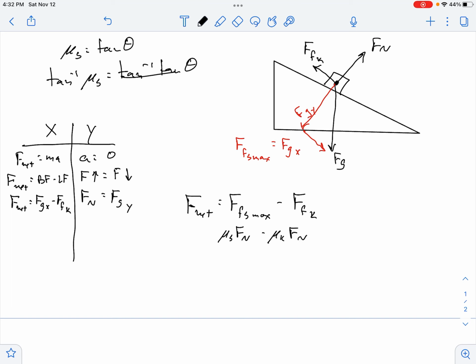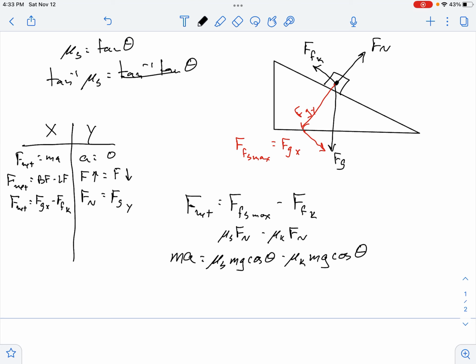Both of my normal forces are still equal to Fgy. So I'm going to say mu sub s, Fgy is just going to be mg times the cosine of theta, minus mu sub k mg cosine of theta. All of that is going to be equal to F net, which is just equal to MA.